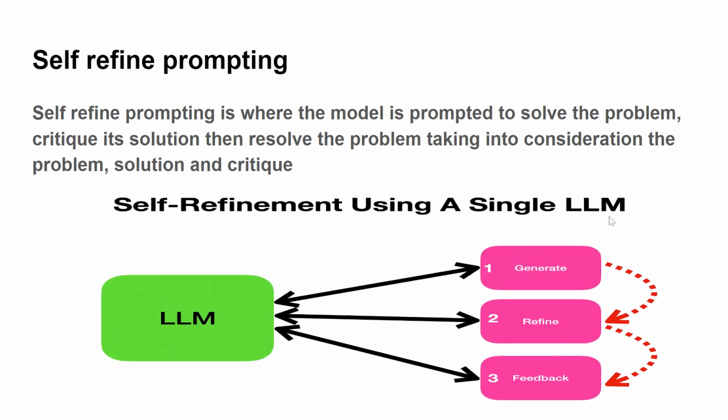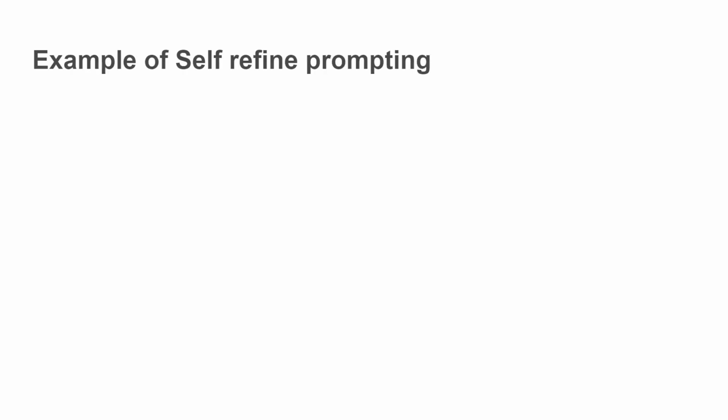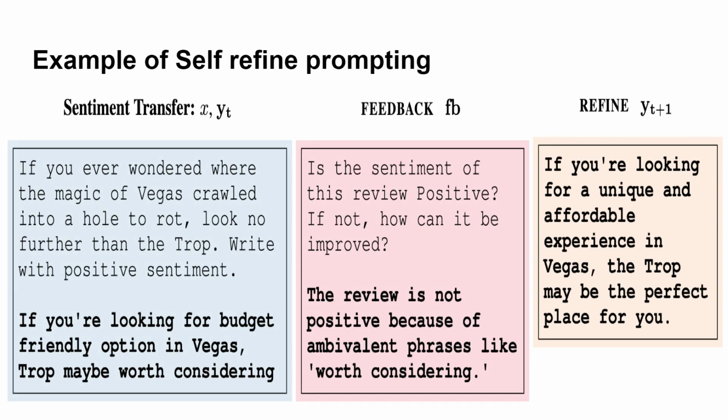This is a general example of how an LLM refines itself. It generates the answer, you get feedback from it, and as a result, it then gives you the refined answer after you've asked it to critique itself and provide feedback. This is an example of self-refined prompting.